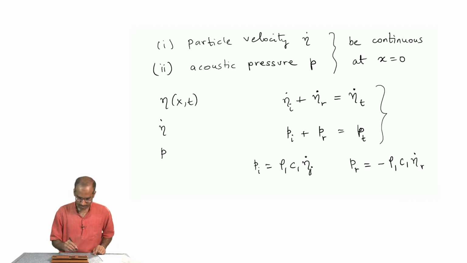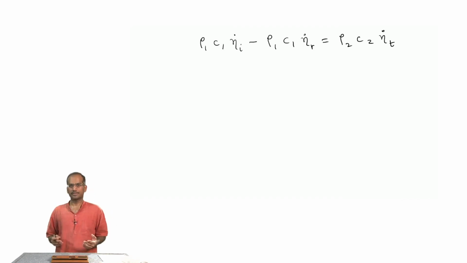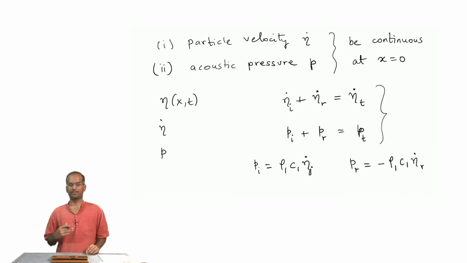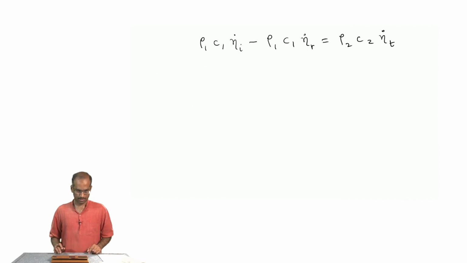So, now putting all these together, we will have the following equation. The rest of the exercise is to simply write these equations in terms of Z1 and Z2, so eliminate everything else, so that your final result for the ratio of eta t by eta I and P t by P I comes out in terms of Z1 and Z2.